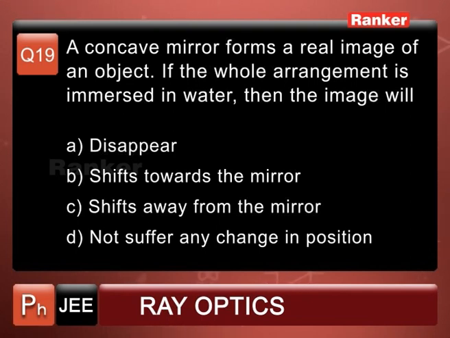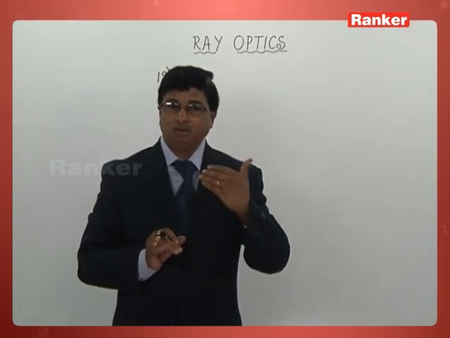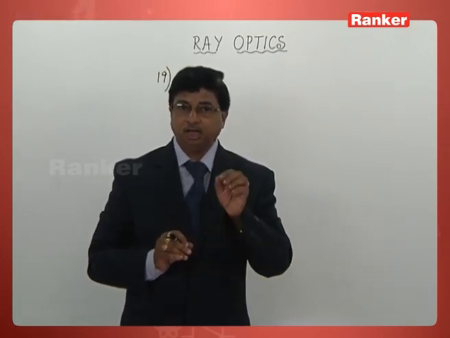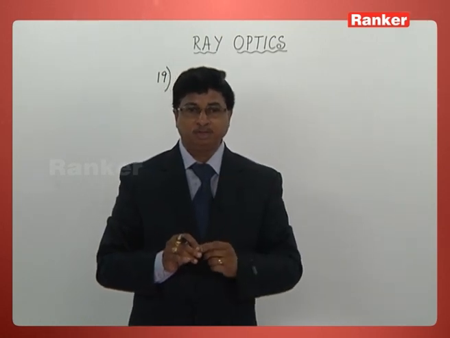The image shifts towards the mirror, that is the second option. The image shifts away from the mirror, that is the third option. And the fourth option is the image will not suffer any change in its position. We just have to identify the right option out of the 4 options given to us.